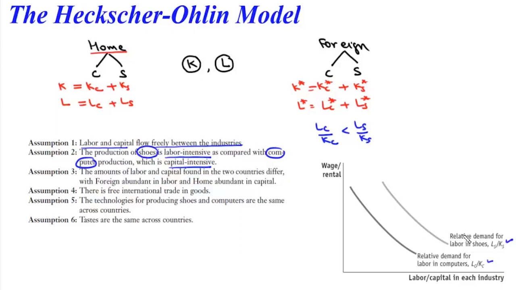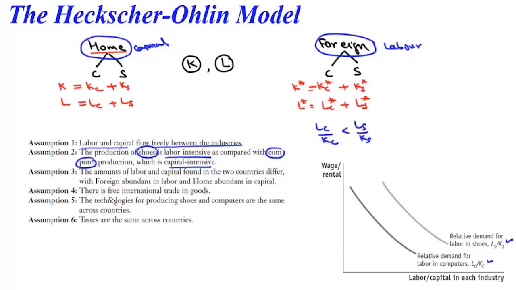The third assumption is that the amount of labor and capital in these two countries differ. Foreign is abundant in labor, so there is more labor in foreign and more capital at home. These two countries differ in abundance of factors of production.